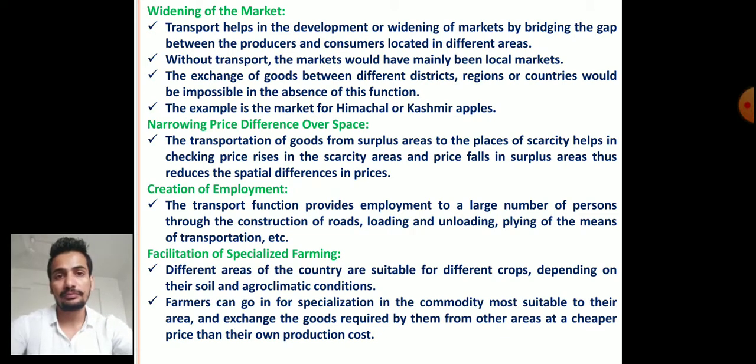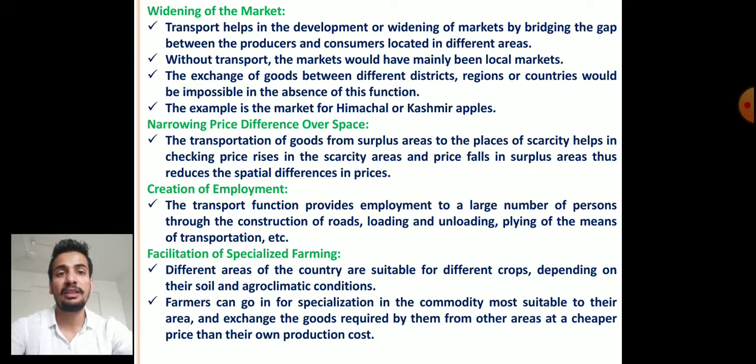Then the second most important advantage is narrowing price difference over a space. As we know, price is the most important factor in case of the farmer's income. Through transportation function, it provides good surplus price to the farmers. In the area where that good is produced, they will not get the better price, then they will get the better price in another area or another place.